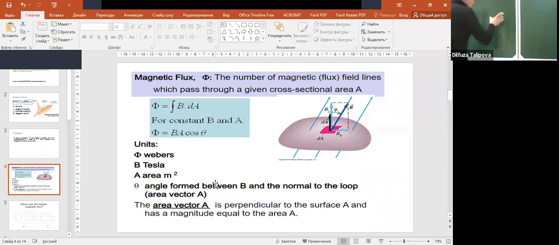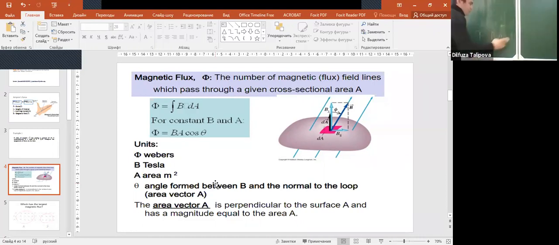Okay, if here the magnetic field B and area A are constant, so the magnetic flux is equal to B multiplied by A multiplied by cosine of theta.